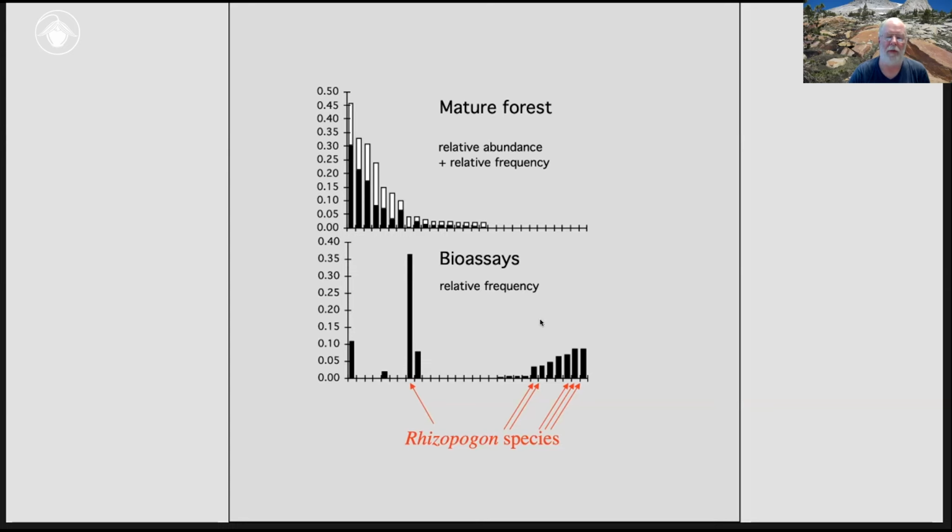There's all these things that are abundant in the bioassay that we can't even find on the mature forest roots. And then there's some that overlap a bit, but are much more abundant in one than the other. So again, what we're looking at here is spores in the bioassay versus mycelium in mature forest. So these are spore bank species.